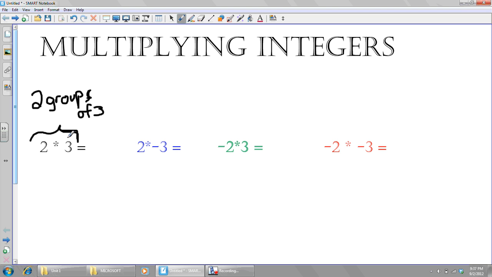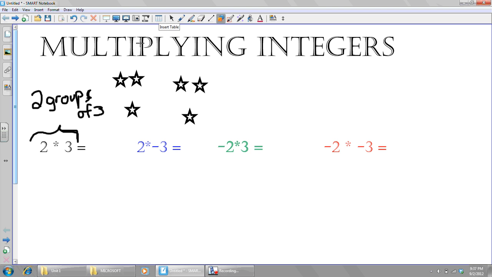Well, if you think about it, if we have 2 groups of 3, let's say stars. If I have 1, 2, 3, there's one group. And then 1, 2, 3, I have 2 groups of 3 stars, and therefore I have 6. Now, I know you already know that 2 times 3 is 6, but what you got to understand is that it means 2 groups of 3.